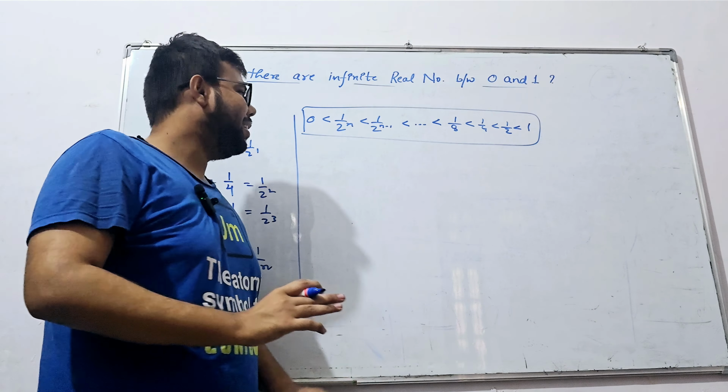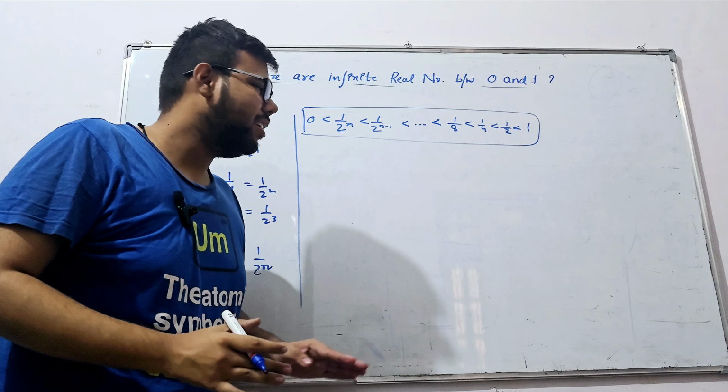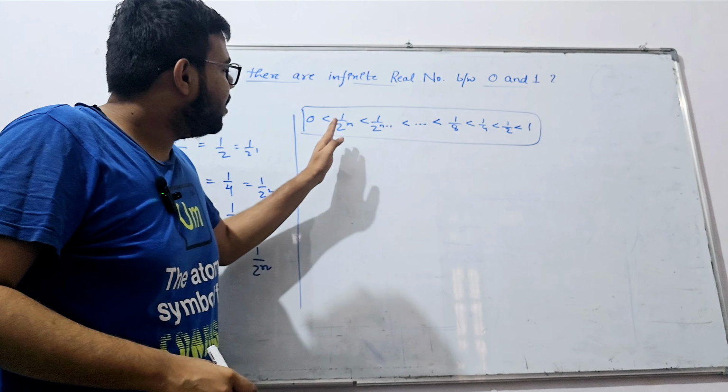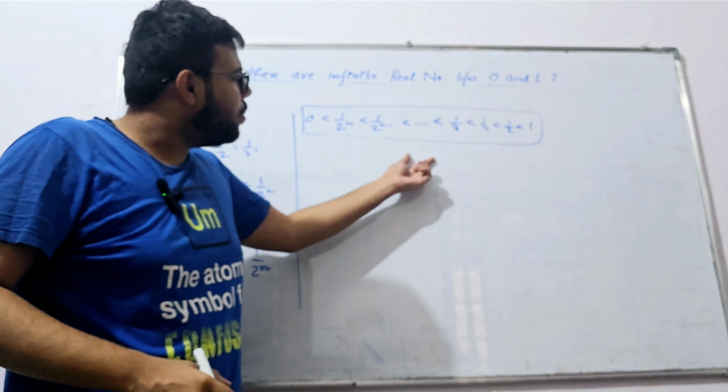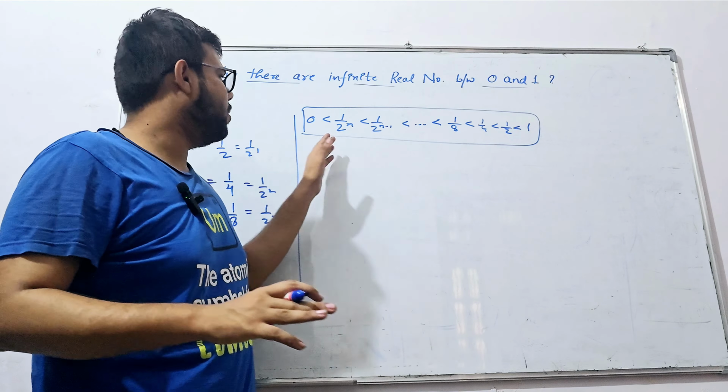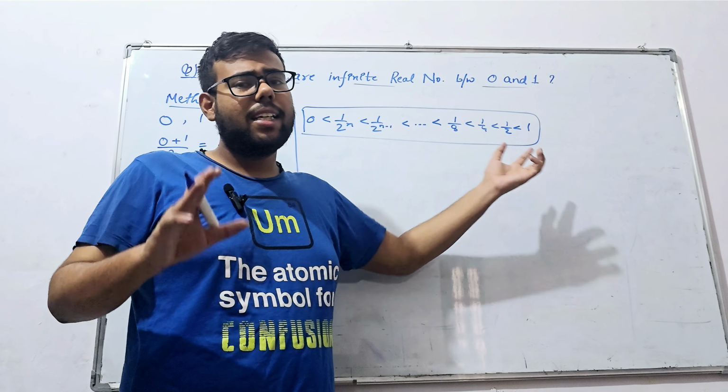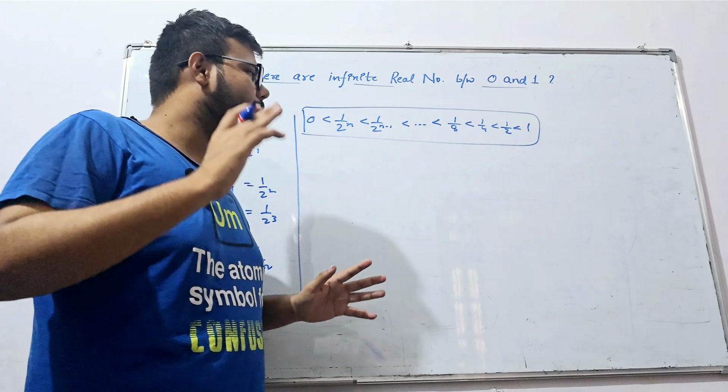Now the question was that there are many real numbers between these two limits, and still we know all the numbers.